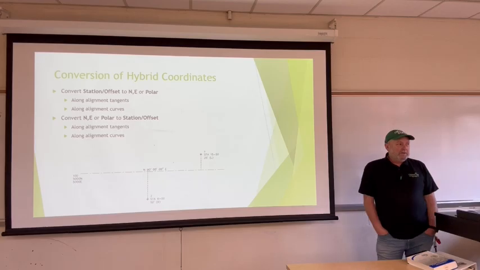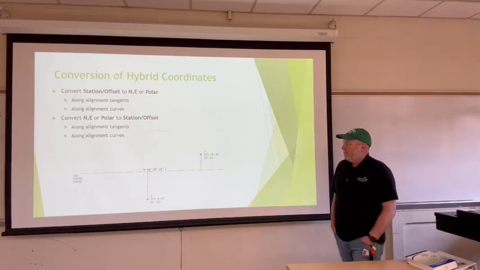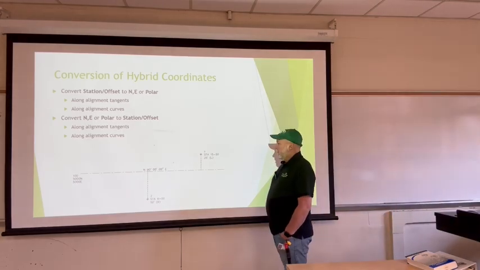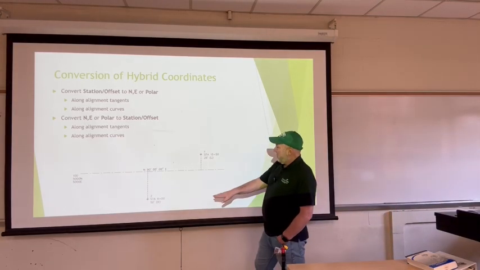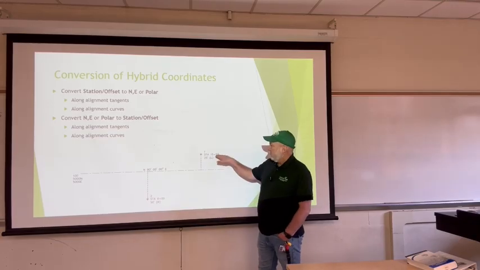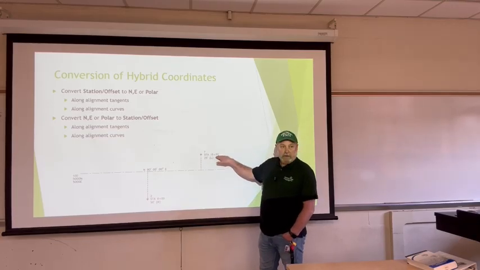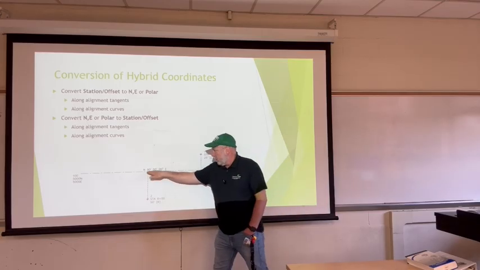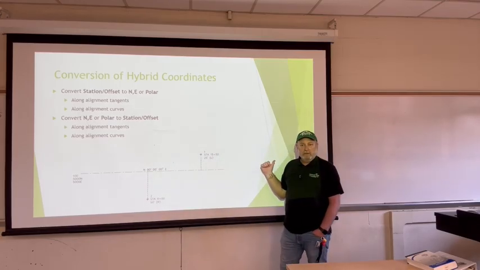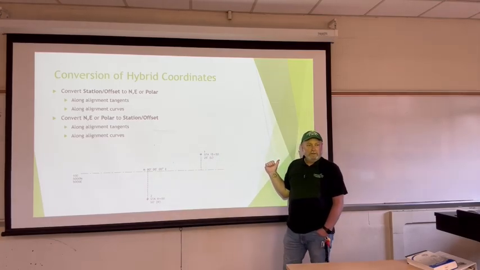This is a very simple example here, and I hope this would make some sense. If we see the stationing here, 6+00, 15+00, or 15+50, we can tell along this alignment, station is increasing as we go to the right. Yes?